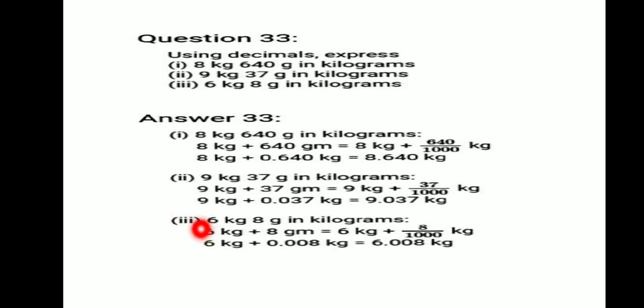Question number 3. 6 kg 8 gram into kilogram. 6 kg plus 8 gram is equal to 6 plus 8 upon 1000 kg. Now 6.008 kg.